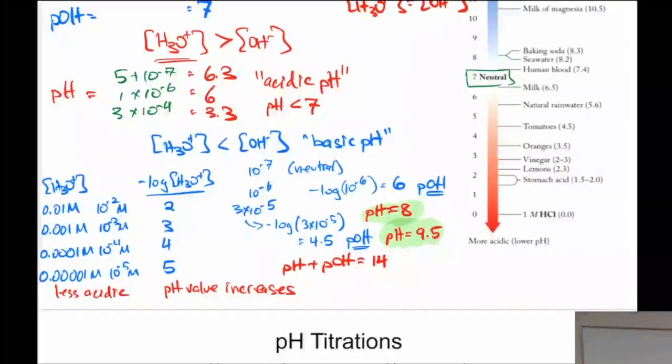The other thing to notice is that here we have a jump from 2 to 3, or a jump from 2 to 4, but that's a 10-fold, a 100-fold, a 1,000-fold jump, right? This is a 10x jump. This is a 100x jump. This is a 1,000x.